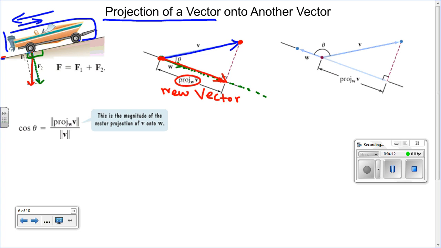Okay? And how do we read that? I want you to write this down, please. The name of that vector is the projection of, and then we take the big letter, which is V, projection of V onto W. The little subscript of the projection is what you're projecting onto.